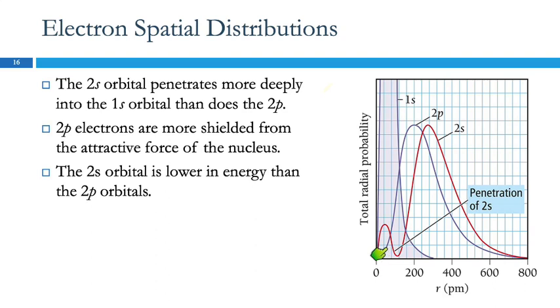So the electron in the 2s can get a lot closer to the nucleus than, say, in the 2p orbital. And so the 2s orbital, because it can get closer, is more attracted and is lower in energy than the 2p orbital. So if you understand that, that's awesome. If you don't, you're going to be just fine.